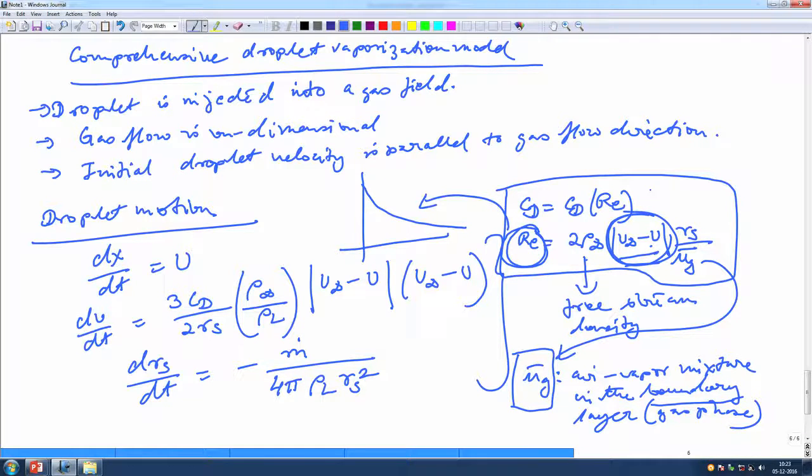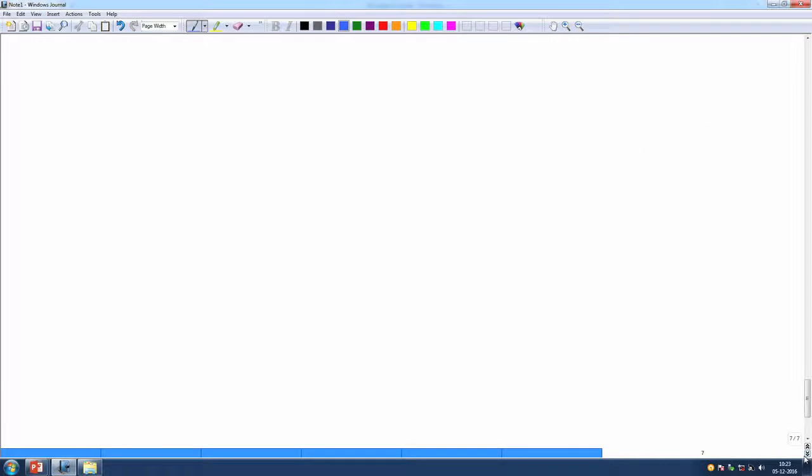Now, you can ask how mu g is calculated in the boundary layer; that is the next question. Here we are going to answer each and every question that you might have. You need two things: the temperature, because viscosity is a function of temperature, and the composition, because using the composition and the temperature you find the mean or average viscosity in the boundary layer.